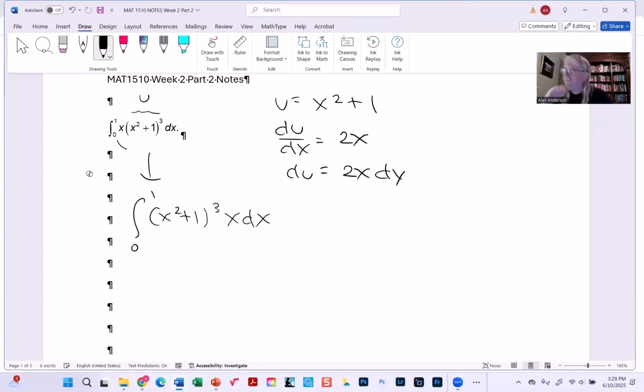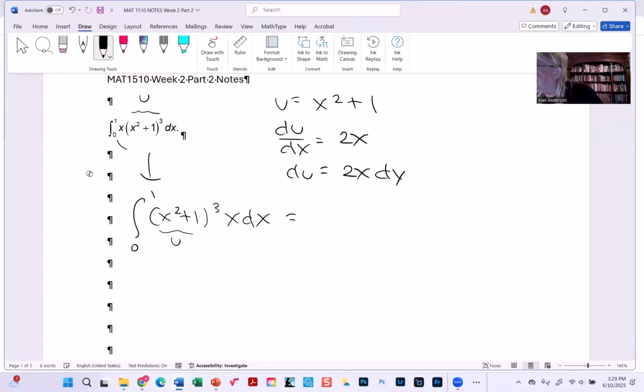You can see we almost have what we need. This is definitely u. This is u cubed, actually. The problem is, in order to have du in our expression, we're going to need 2x dx, but we only have x dx. So here, it's a simple matter of supplying the missing constant.